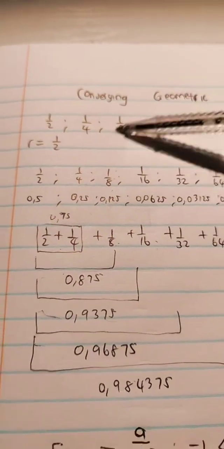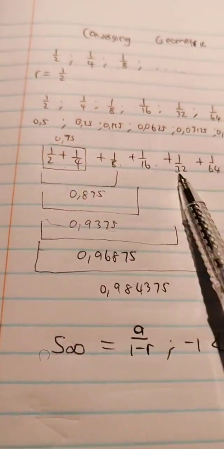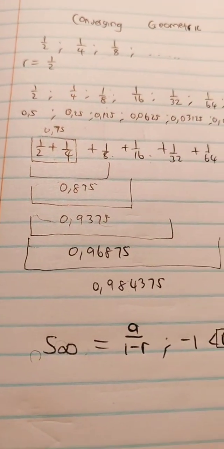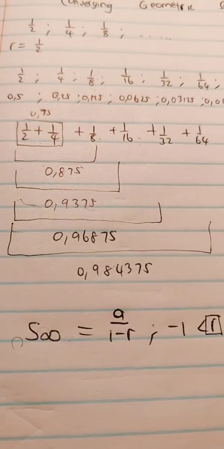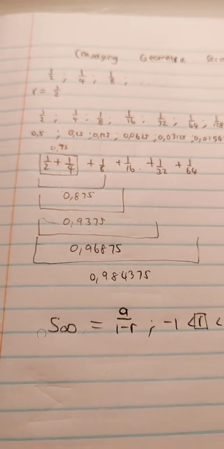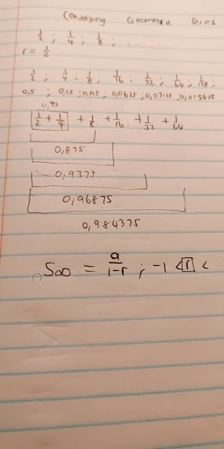That is the sequence. When we add the terms of the series, the sum will be less than 1. It will never get to 1, and will never be greater than 1. So that's a convergent geometric series.